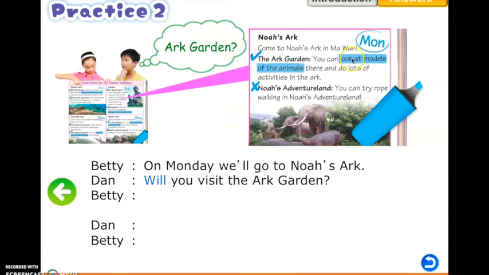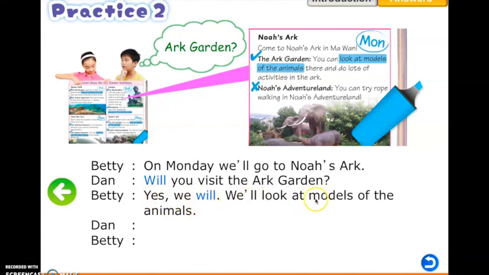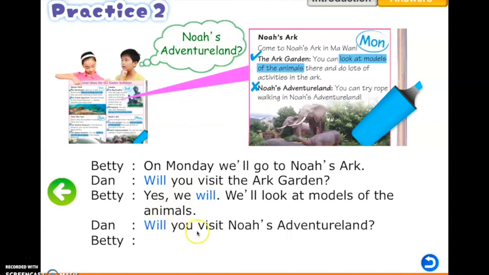And she highlights, look at models of the animals. So the answer will be, yes, we will. We'll look at models of the animals. Now, Dan will ask, Noah's Adventureland? So how can I ask the question? Will you visit Noah's Adventureland? There's a cross. No, we won't.